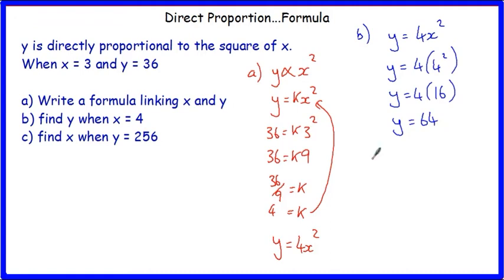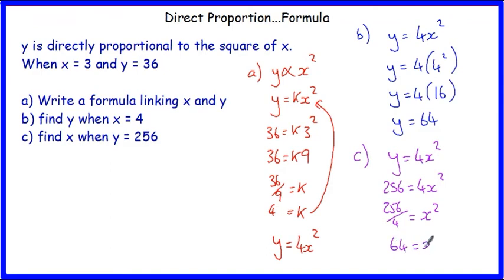And part C. y is 256. And then 256 divided by 4 is equal to x squared. 256 divided by 4 is 64. 64 is x squared. x is the square root of 64. So that makes x equal to 8.